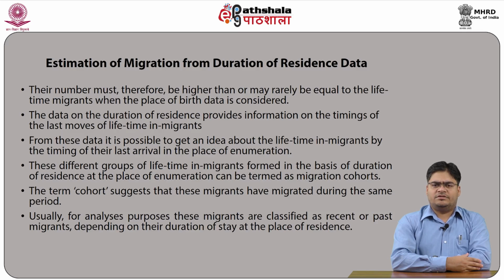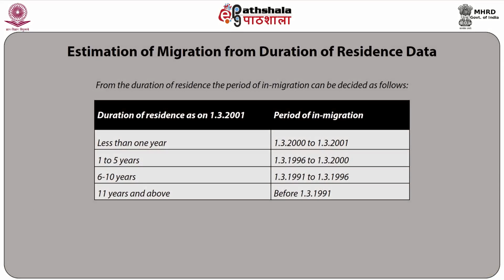The term cohort suggests that these migrants have migrated during the same period. Usually for analysis purposes, these migrants are classified as recent or past migrants depending on their duration of stay at the place of residence. From the duration of residence, the period of in-migration can be decided by this table.